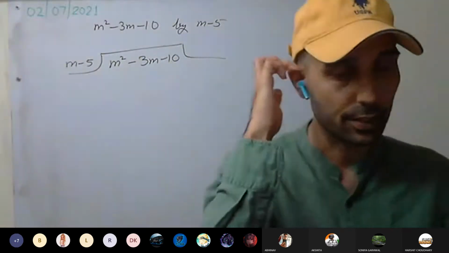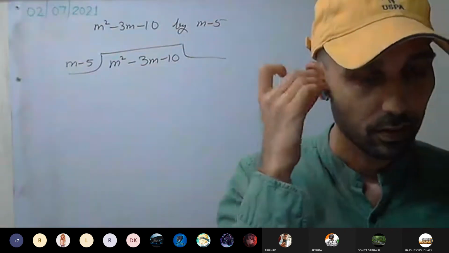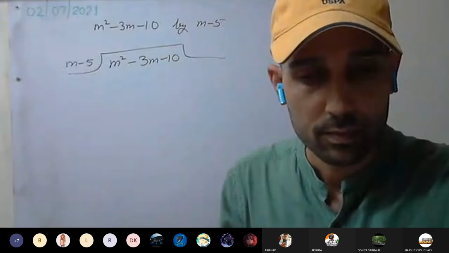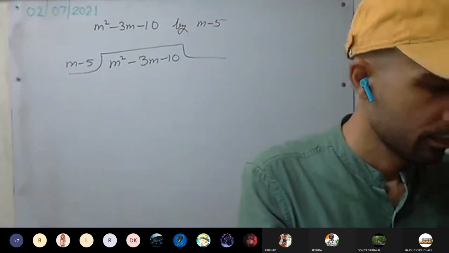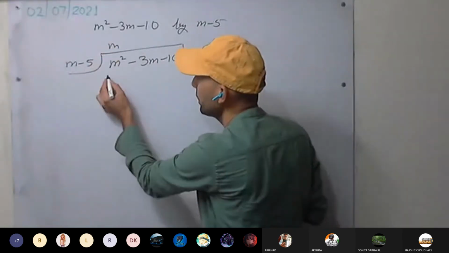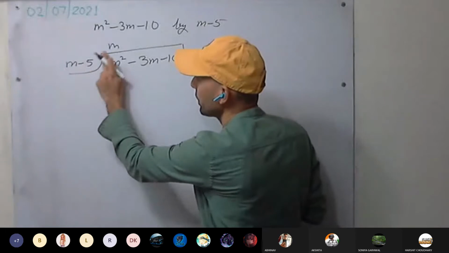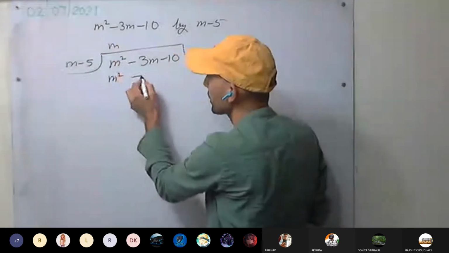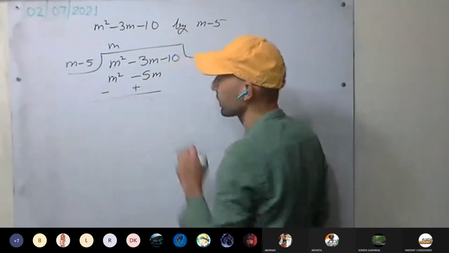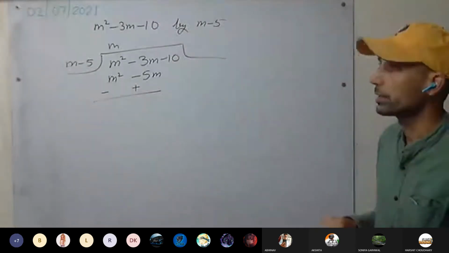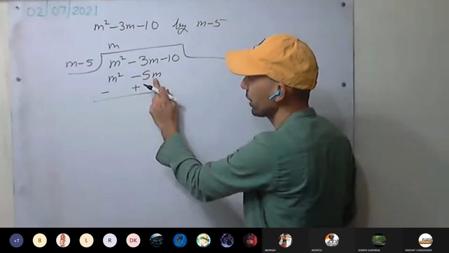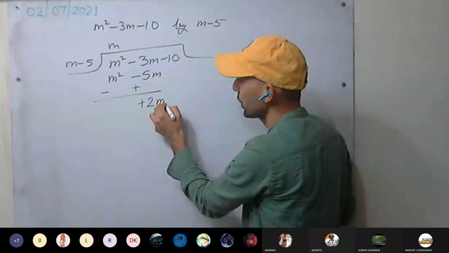I'll start. It is m into m square. M into m square, minus 5 into m, minus 5m. So it will be minus, it will be plus. 0, minus 3m plus 5m, plus 2m.